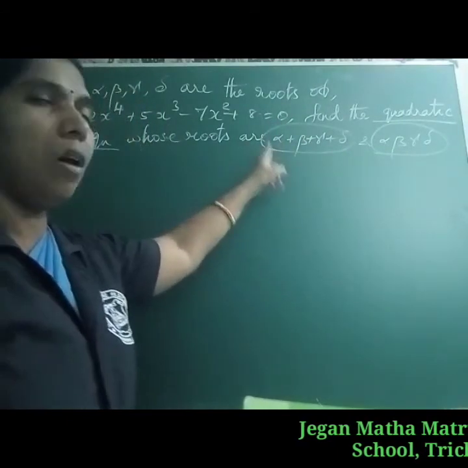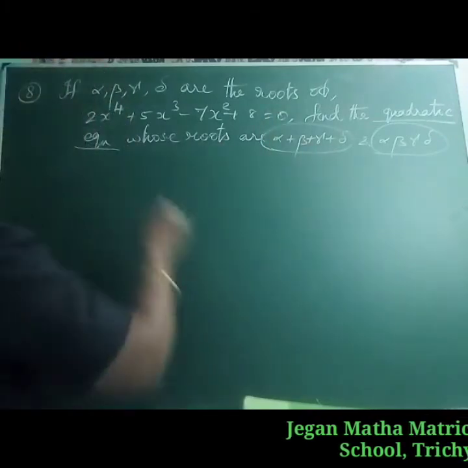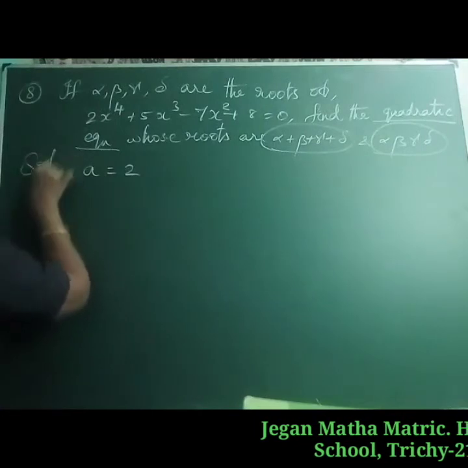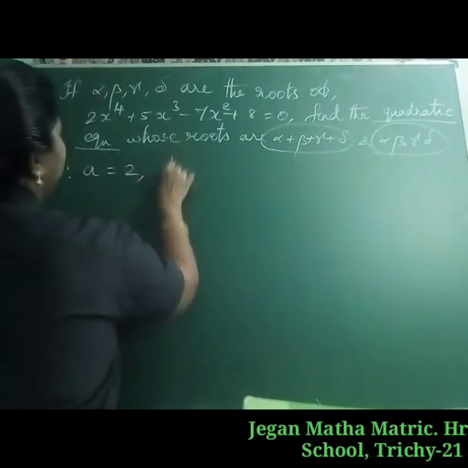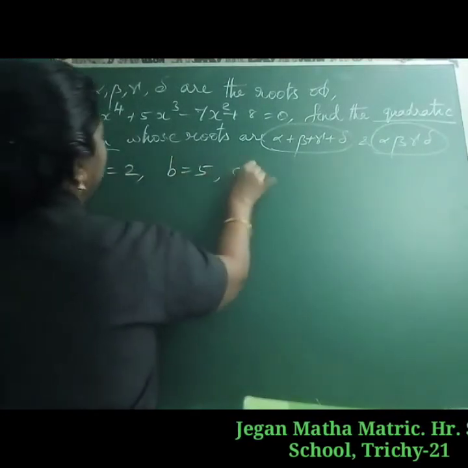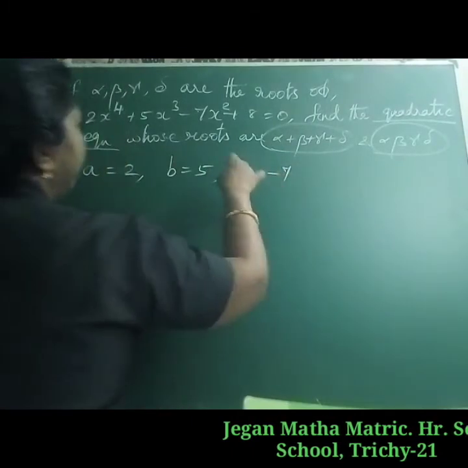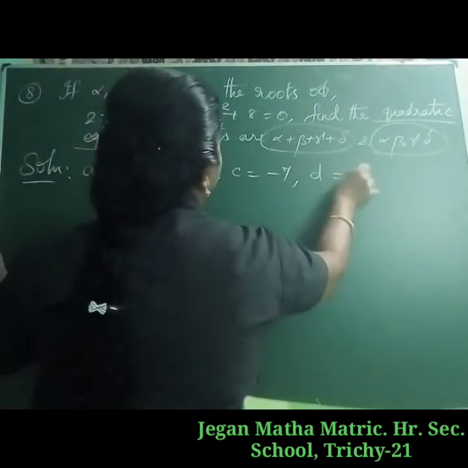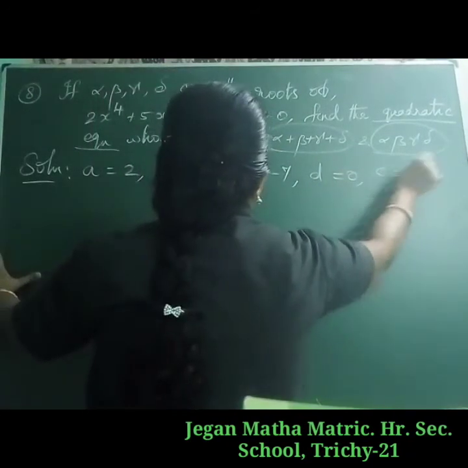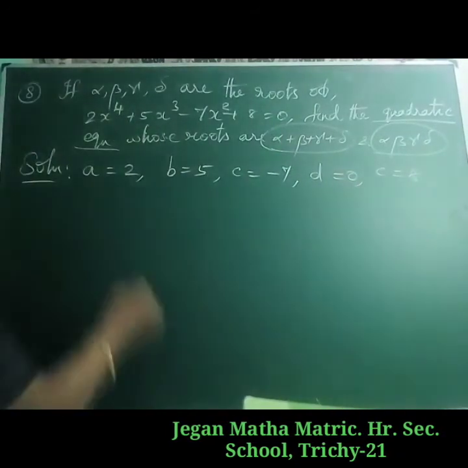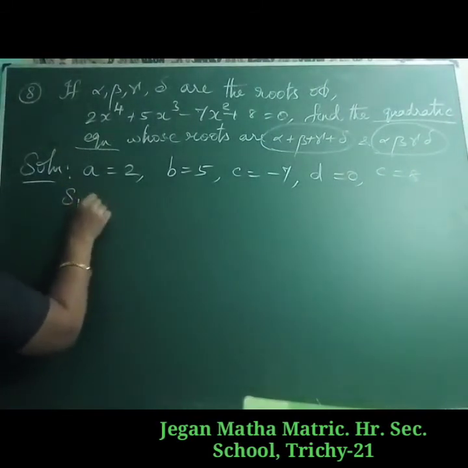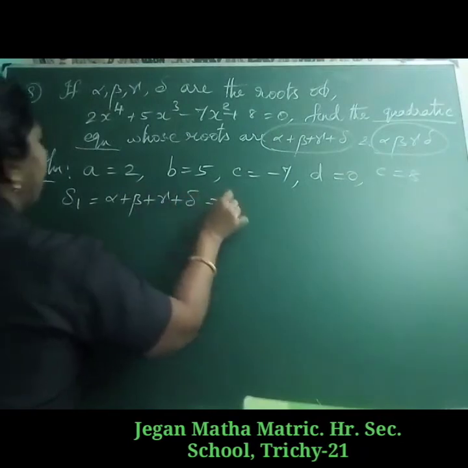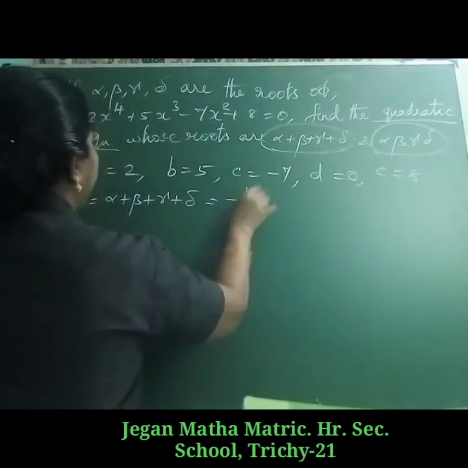First, summation of all the four roots separately. Here A is equal to 2, B is equal to 5, C is equal to minus 7, D, coefficient of x is not there, 0, and E, the constant, is equal to 8. Summation S1: alpha plus beta plus gamma plus delta is minus b by a.